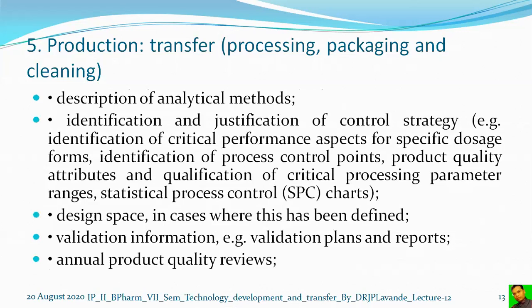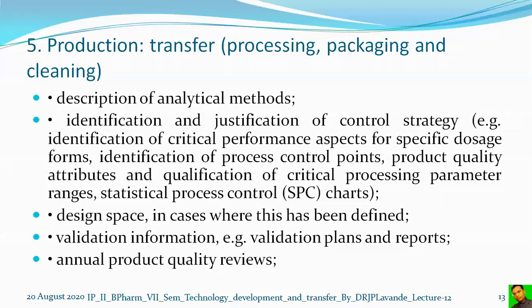For example, identification of critical performance aspects for specific dosage forms, identification of process control points, product quality attributes, and qualification of critical processing parameter ranges, the statistical process controls SPC. Then design space in case where this has been defined.